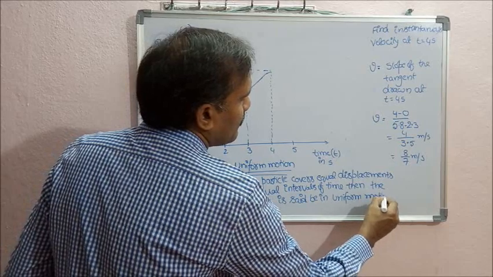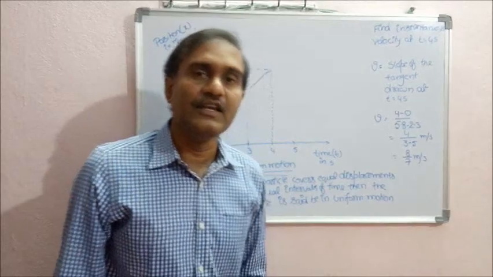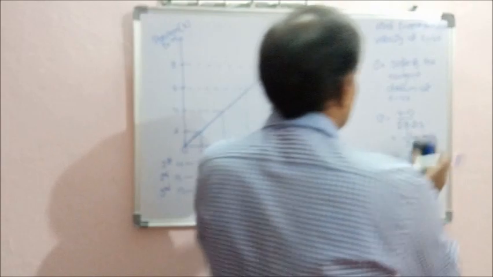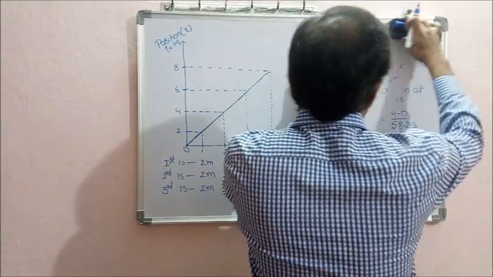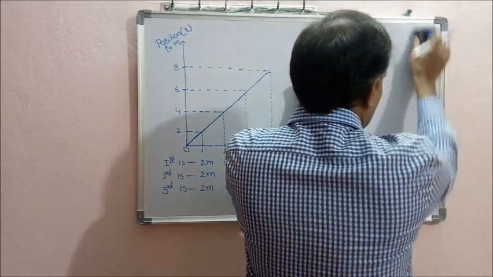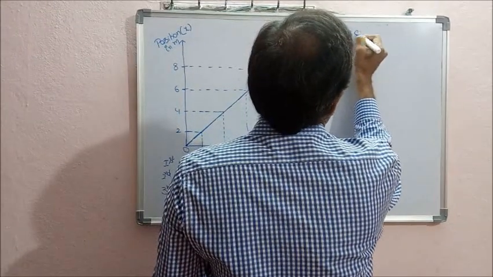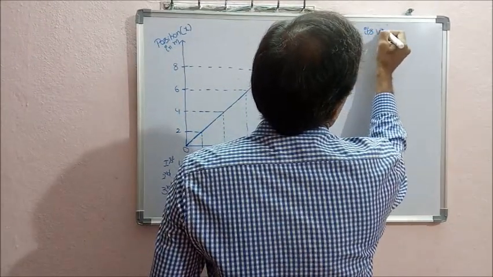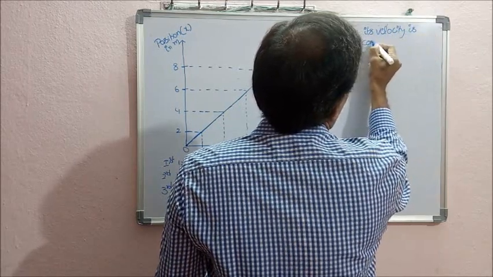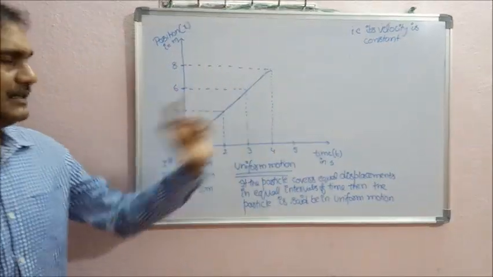That is, its velocity is uniform or its velocity is constant. Particle is moving with constant velocity.